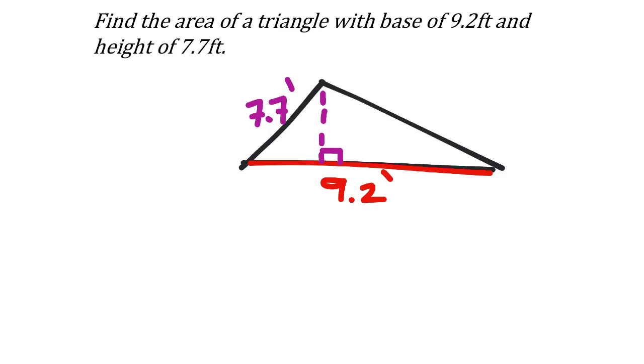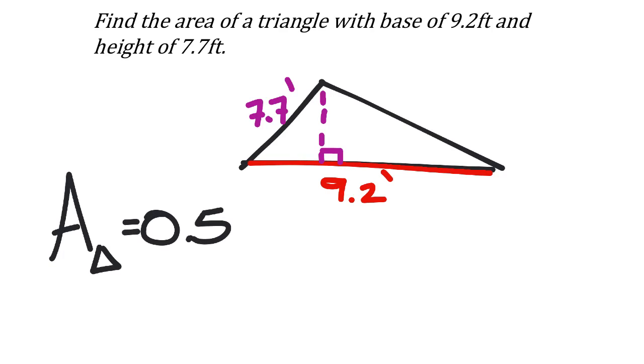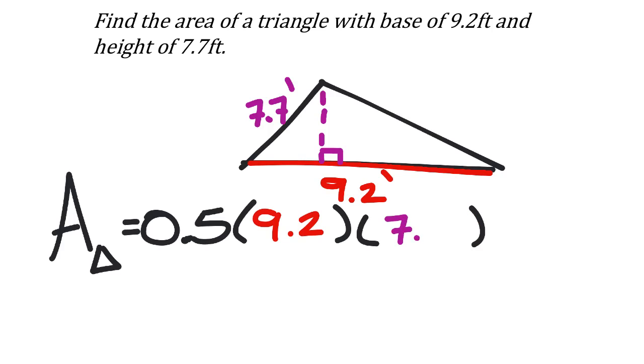Now, going back to the formula for this one, the area of a triangle is 1/2. Now, I'm just using the decimal value of 1/2, just because this module is in decimals, times the base, which in this case is 9.2, and multiplied by the height, which again in this case is 7 7/10.